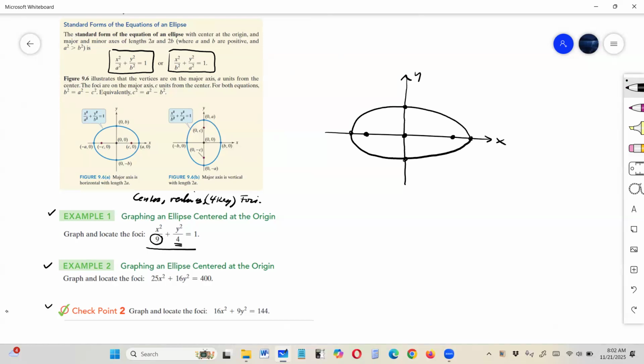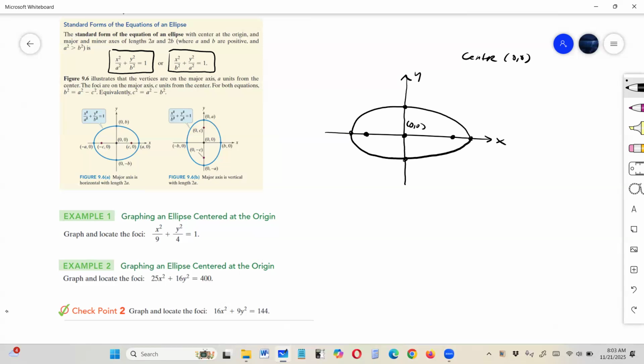Now, this is the standard ellipse center at the origin, and you see why in the next video. So 0, 0 right there, that's the origin. I am going to find now, so the center is 0, 0. I am going to find the four key points on the outside first.